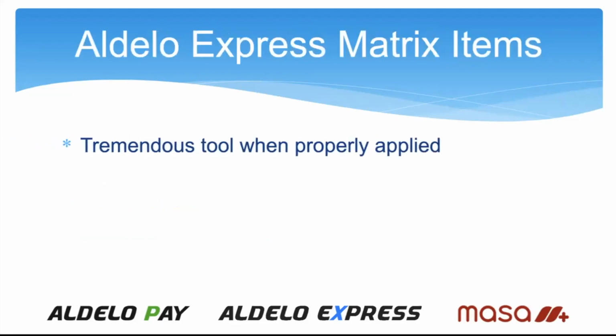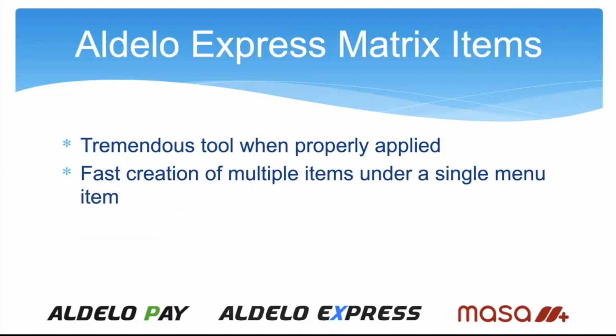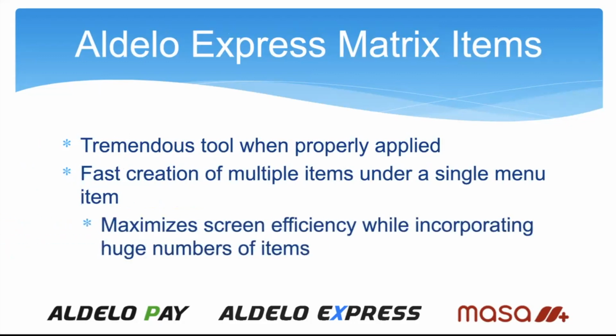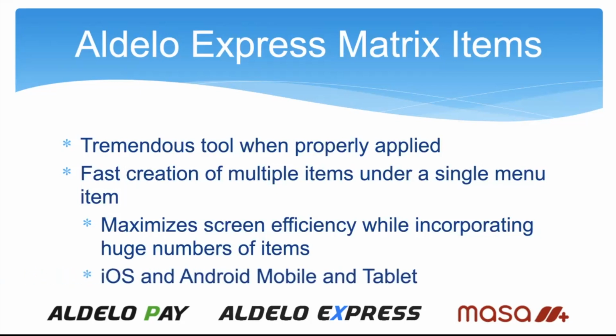So let's start off with the matrix items. It is really a tremendous tool. When you do it properly and use it the way it's supposed to be, it is a tremendous tool. It allows for extremely fast creation of multiple menu items based upon a single menu item. It maximizes screen efficiency while incorporating a huge number of items. This works on iOS, Android, and the tablet version.